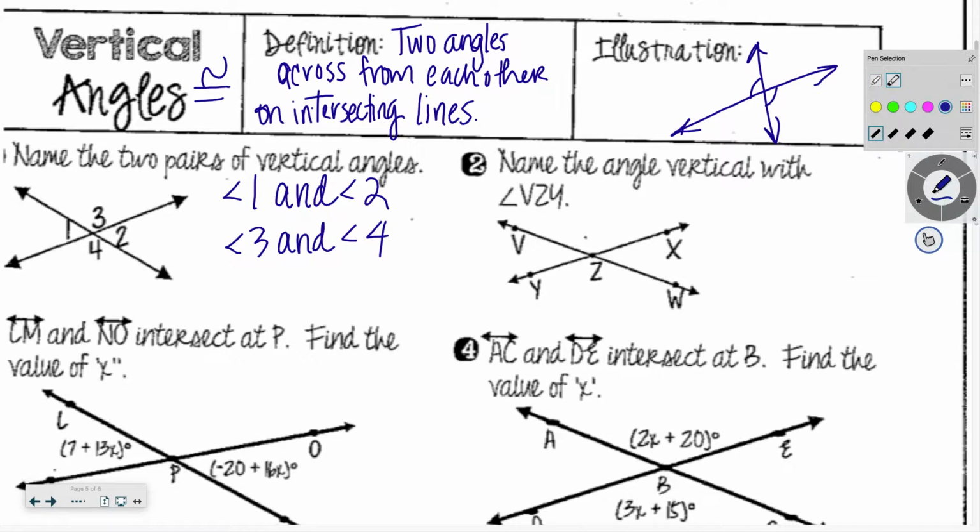All right, you're going to do the next one. The next one says, name the angle vertical with VZY. Don't tell me the answer yet.